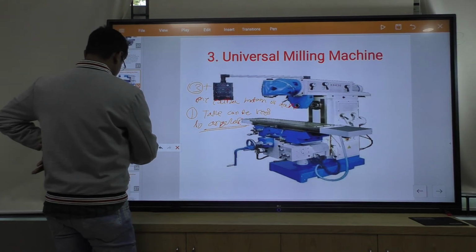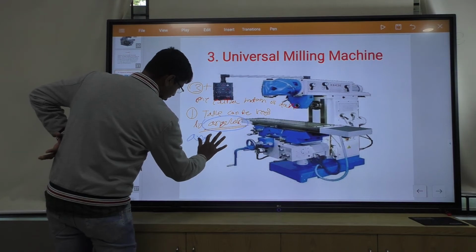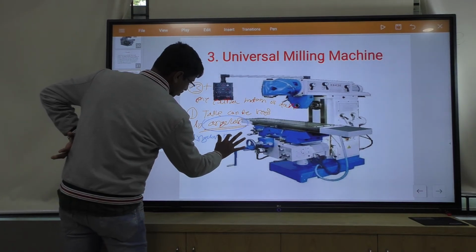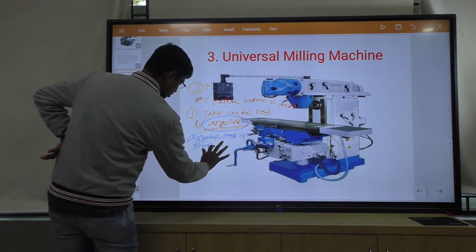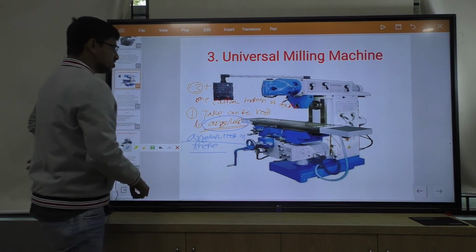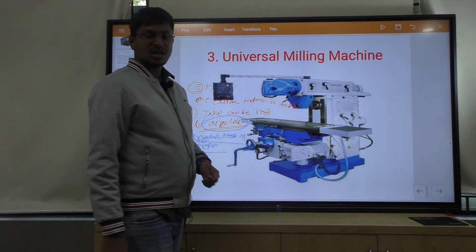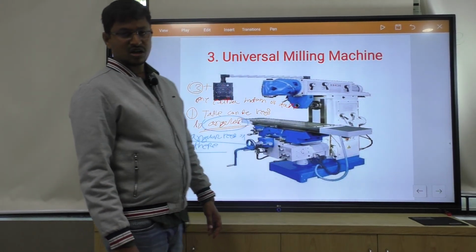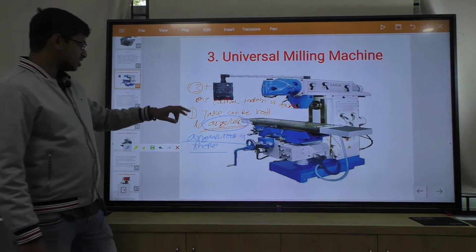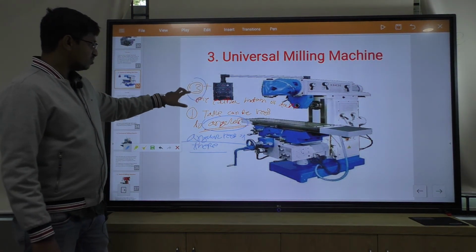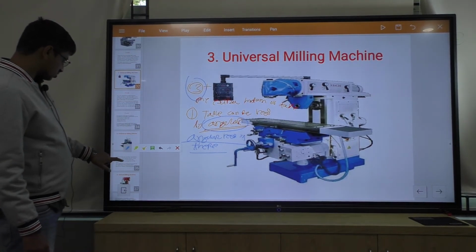Angular feeding is there in universal milling machines. As angular feeding is there, here we can produce a gear, helical surface. This angular feed is there in the universal milling machine, plus these three: longitudinal, crosswise and vertical directions.